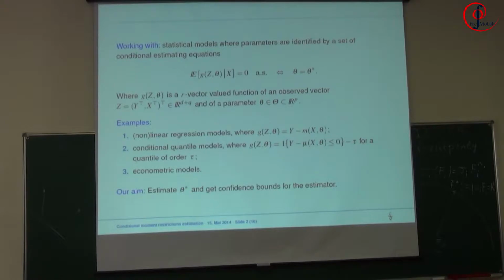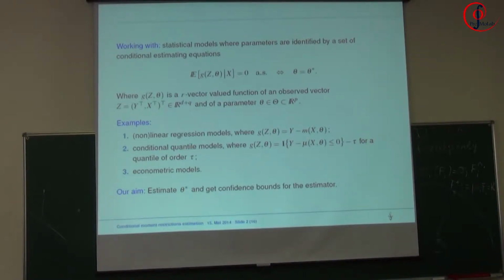But this topic is a bit more general because here we have conditional restrictions, so we have equations which are almost surely zero at the true point. Some simple examples: linear and nonlinear regression models, conditional quantile models, and some other econometric models.